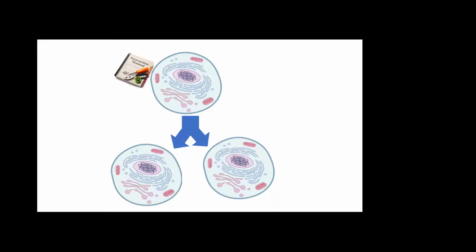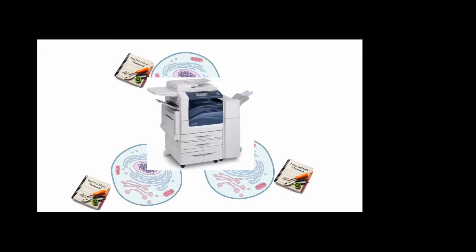You can't have a cell that takes the manual and the other cell doesn't have anything, because then that cell wouldn't know what to do. Well, that's what I'm saying. The chromosome divides. So every cell has to have the manual, and so the manual has to be copied. Yeah. So how does that happen?